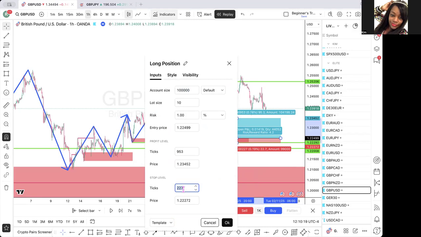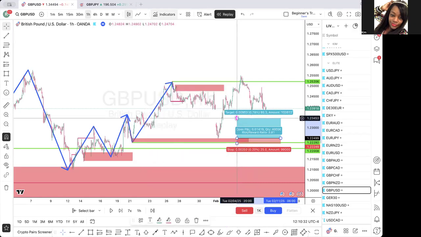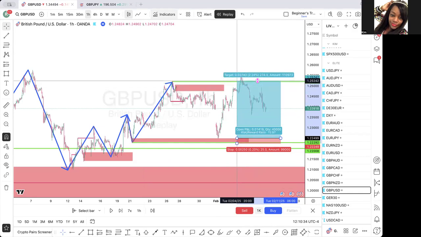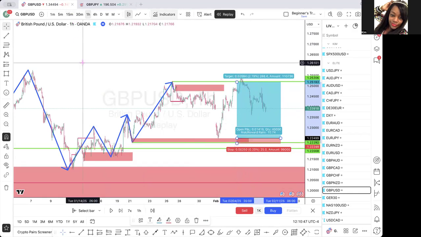I do no more than 50 pips for an indice. So once I get within the pips that I'm willing to lose or hedge, then if this markup right here was 50 pips, I'm going to go to the 15-minute to see if I can narrow that down to 20, 25.